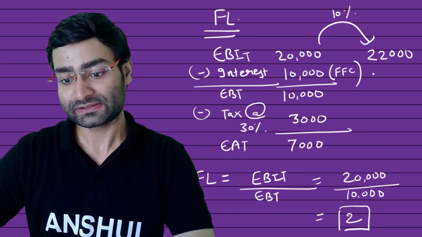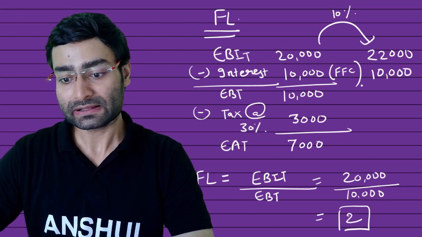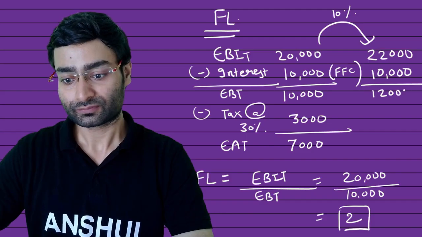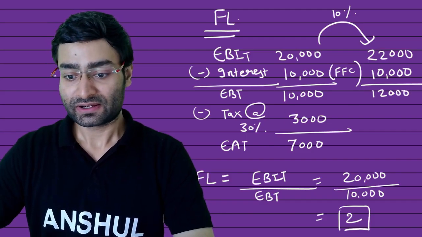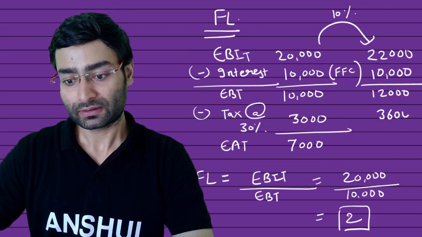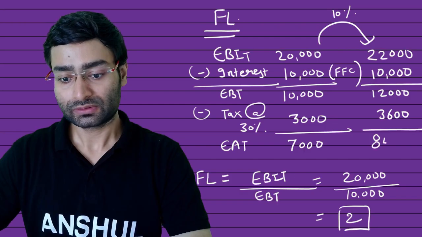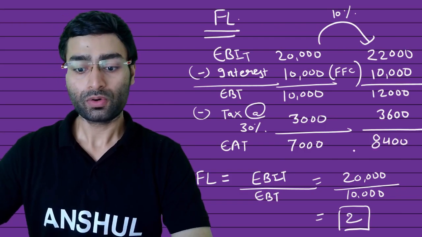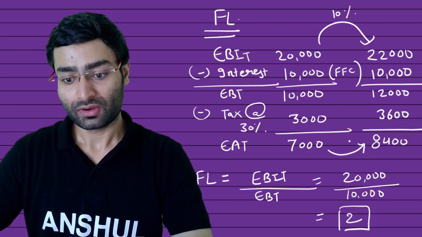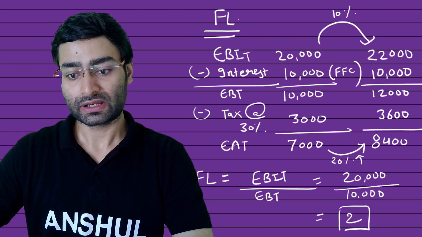Because it is fixed, it will remain 10,000. Now in this case your EBT is 12,000. Your tax at 30% on 12,000 will be 3,600, and EAT comes to 8,400.